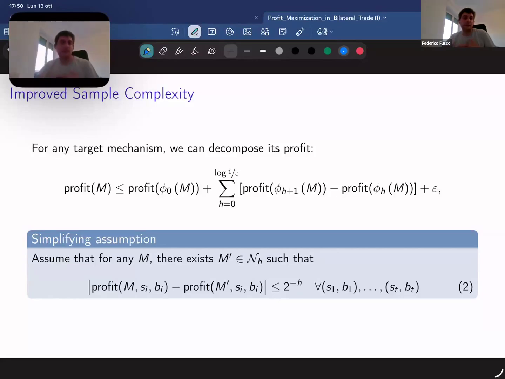And I know that if I am at precision epsilon, I'm just making an error epsilon, so we are happy. Okay. And for now, let's make the simplifying assumption that for any mechanism M, you can find an epsilon simple mechanism, where epsilon is 2 to the minus h, such that you have a two-sided error bound. This is a simplifying assumption, and I will lift it later.